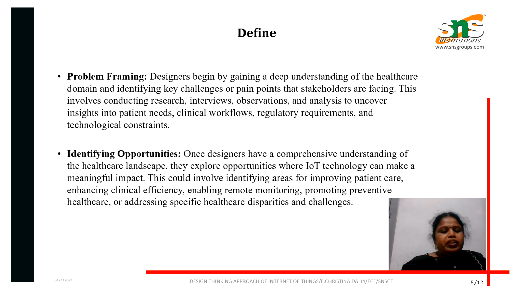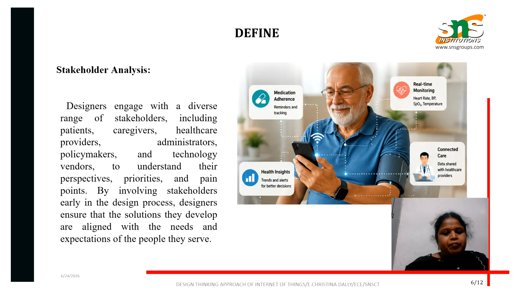Coming to the define part, we see problem framing and identifying opportunities. We are going to face some key challenges or pain points, and this involves conducting research, interviews, and observations, while identifying IoT technology, to define areas for improving patient care, enhancing clinical efficiency, enabling remote monitoring, and preventing illness. Then the stakeholder analysis.